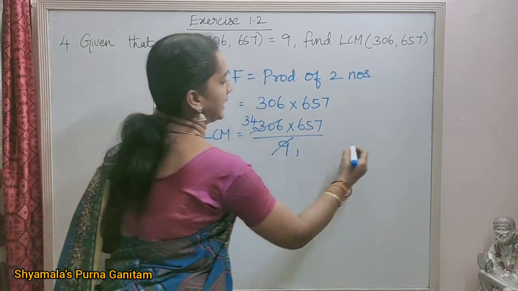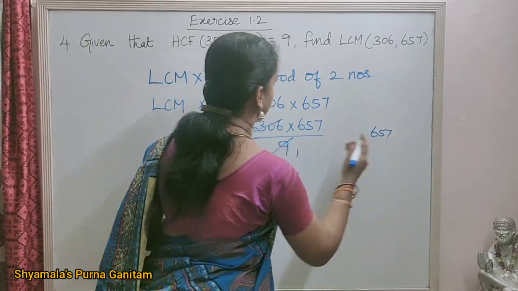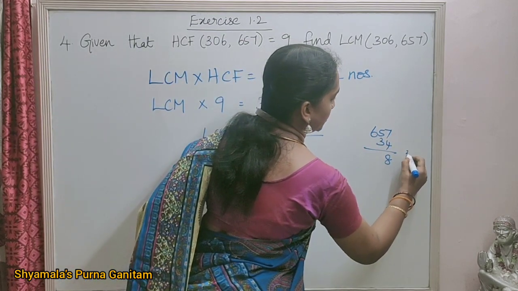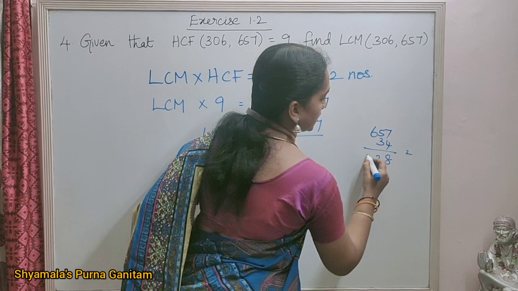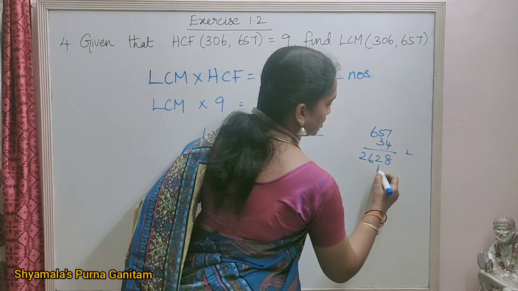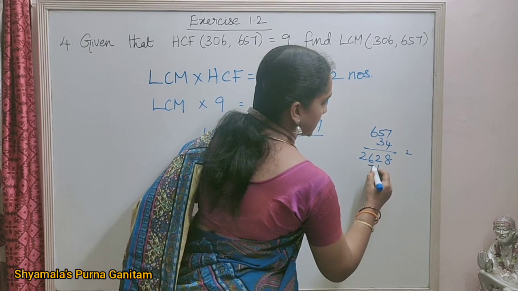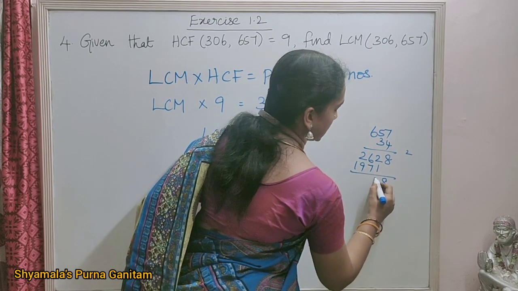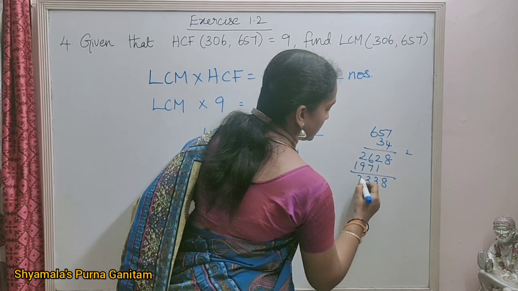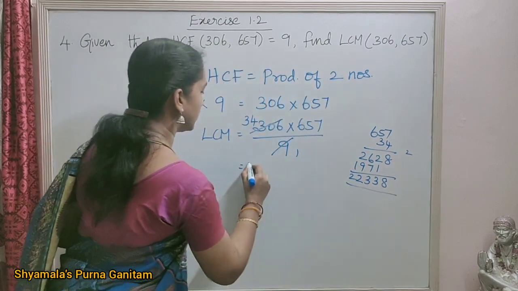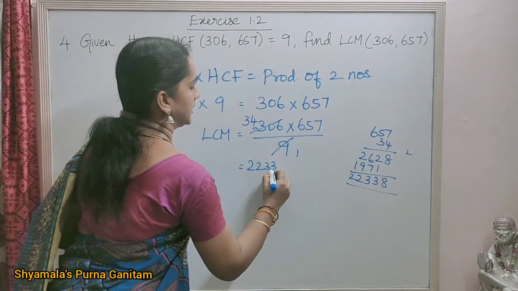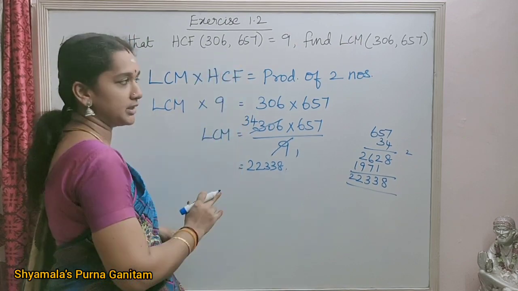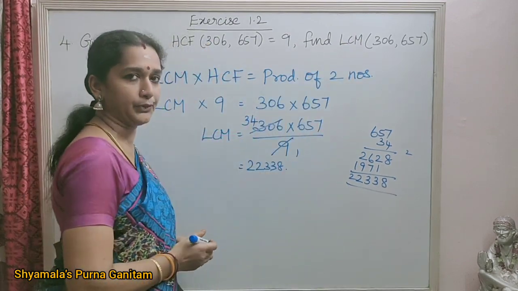So when you multiply 657 and 34, you will get 22338. So this is the LCM of the given two numbers. That only you are asked to find.